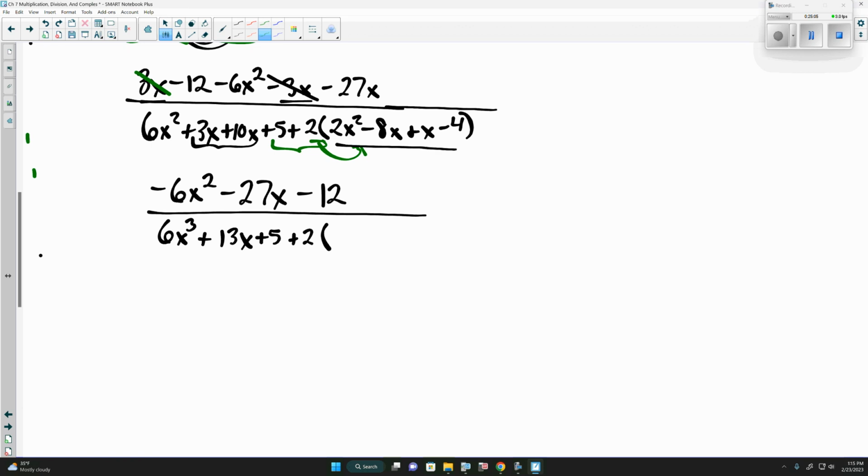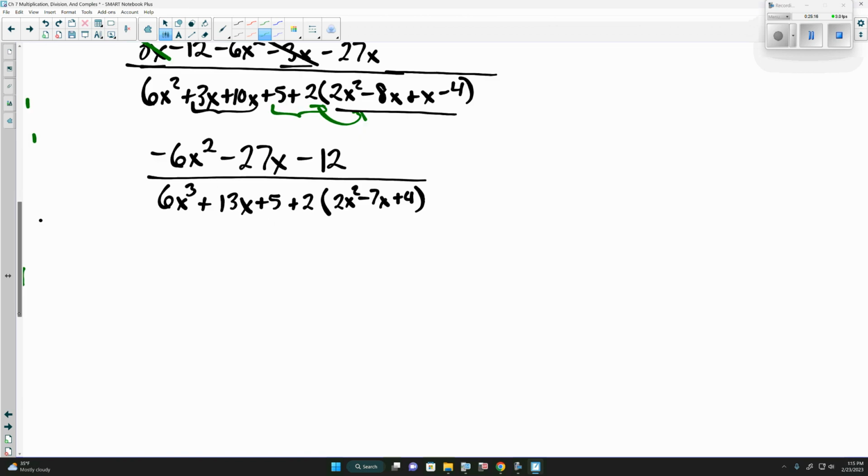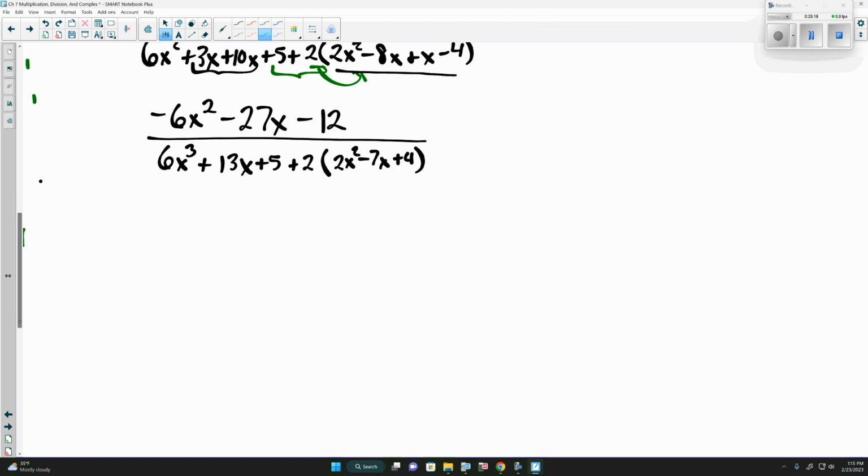Now we do have like terms inside the parentheses, and we're going to combine those. So really what we're having to do is simplify the parentheses, then multiply it by 2, and then combine like terms. So it works out the denominator had a lot more steps to it to get it to simplified form.